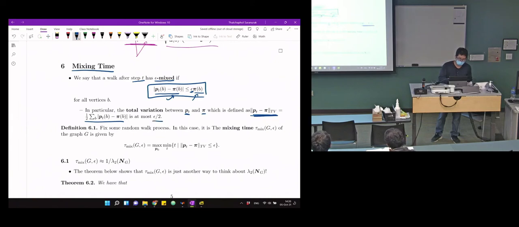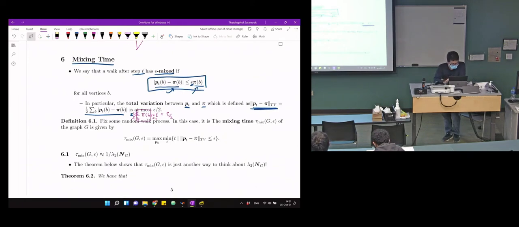Basically, this whole thing will be at most epsilon over 2, right? So if the walk is epsilon-mixed, the total variation is also small. Just because this thing is at most the sum over B of pi_B times epsilon, over 2, and this sum is 1. So this is epsilon over 2.